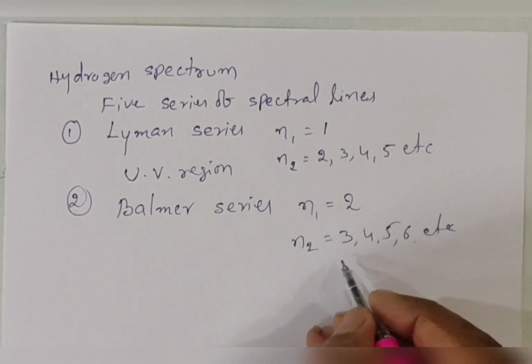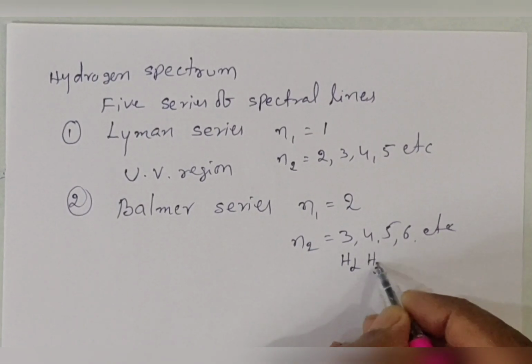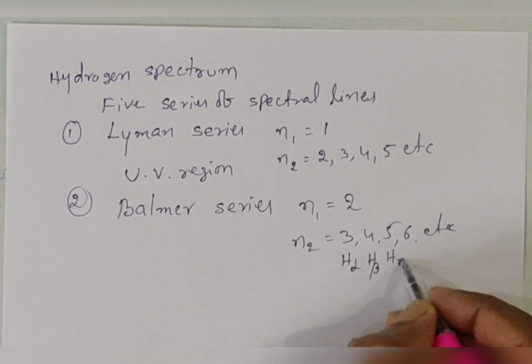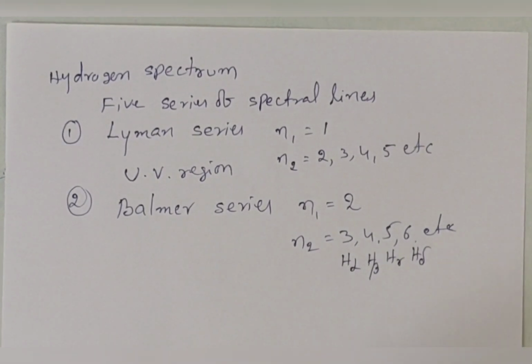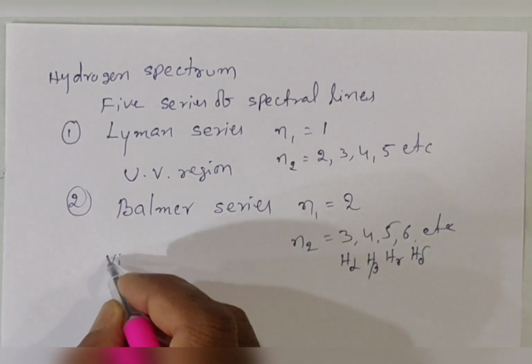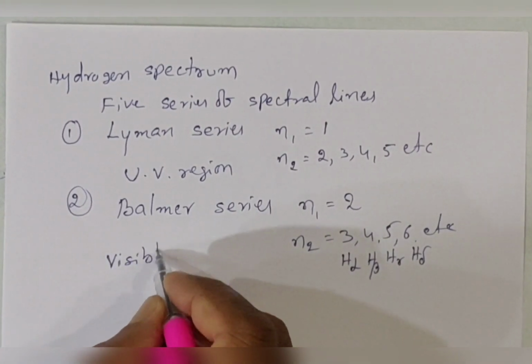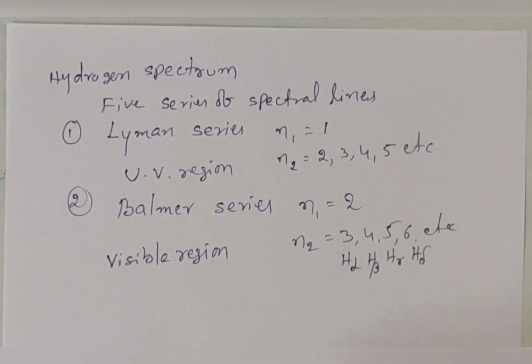These are also denoted by H alpha, H beta, H gamma, H delta. H alpha means N2 is equal to 3, H beta means N2 is equal to 4, H gamma means N2 is equal to 5, H delta means N2 is equal to 6. These appear in the visible region.